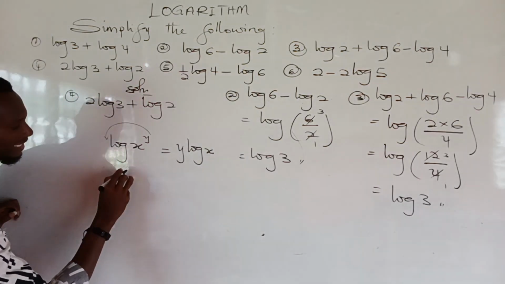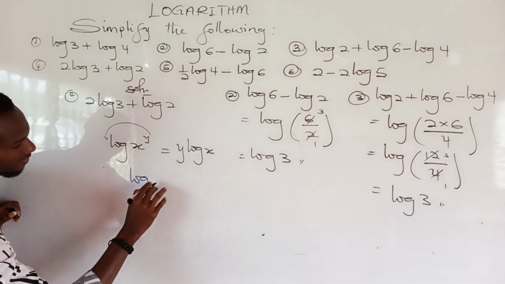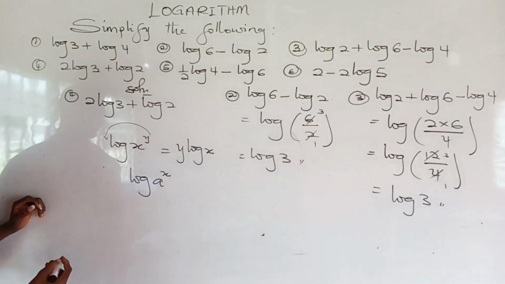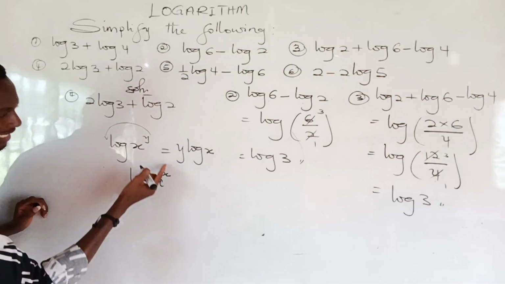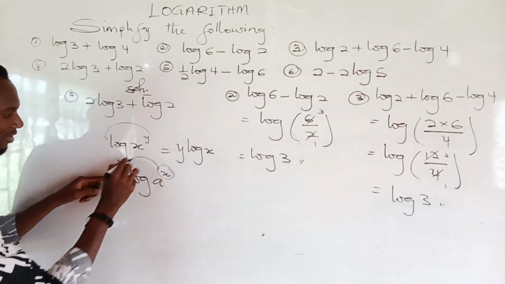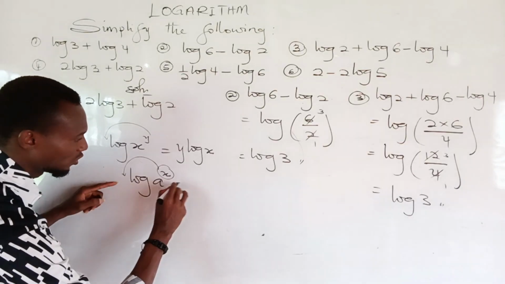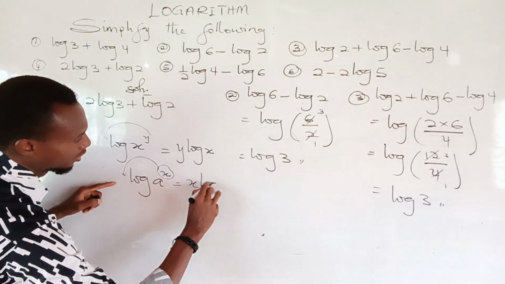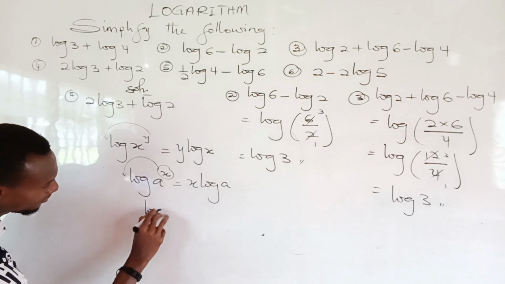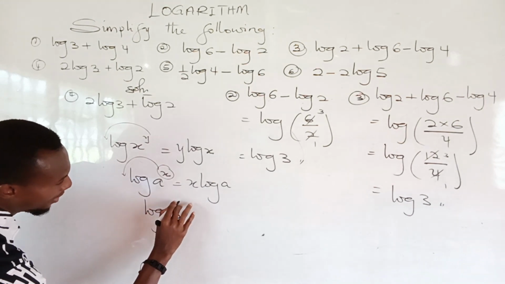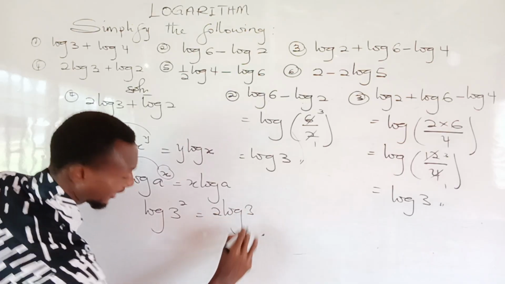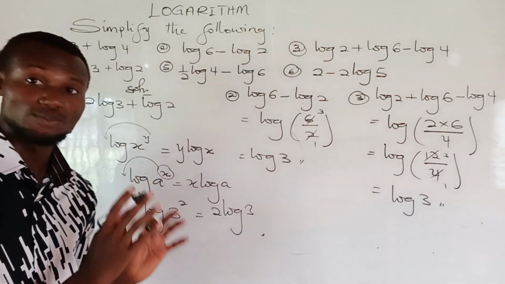If I have, let's say, log a to the power s, the rule says that this power s can come and become a coefficient to the log here. So this power s will come in front and become a coefficient. So you write it as s log a. So it means that if I have log 3 to the power 2, I can write it as 2 log 3. I hope you understand up to this point.